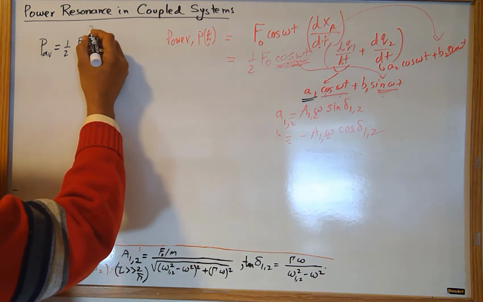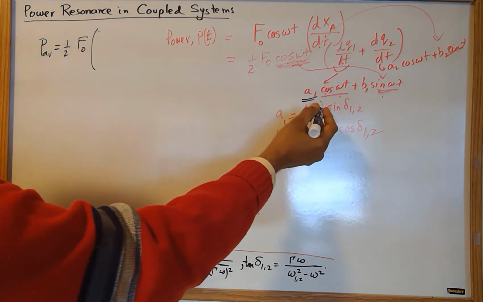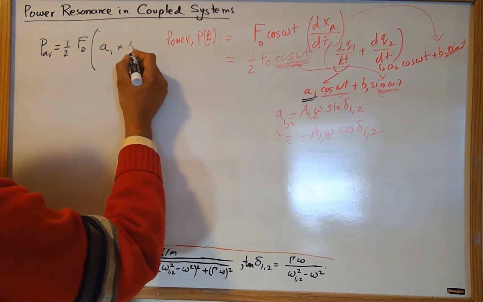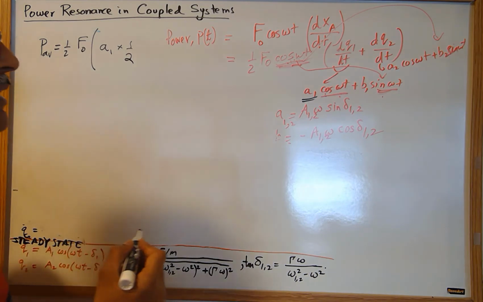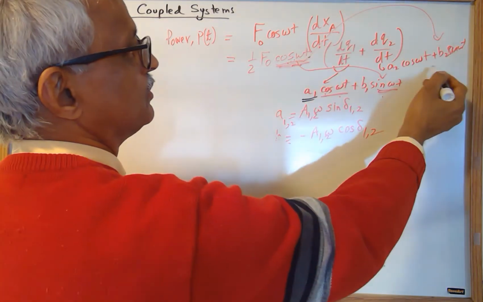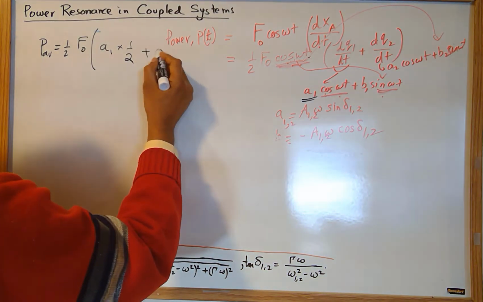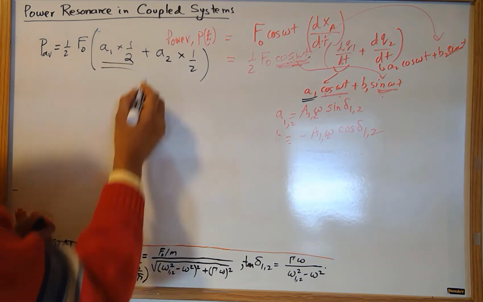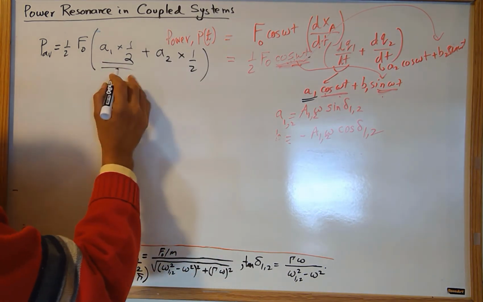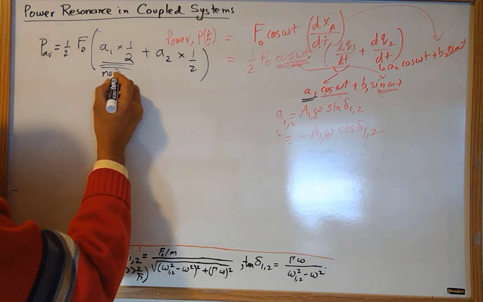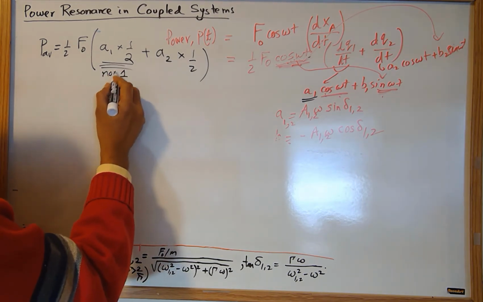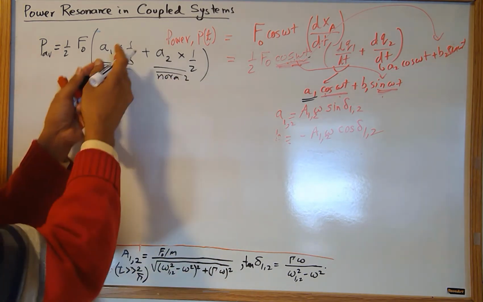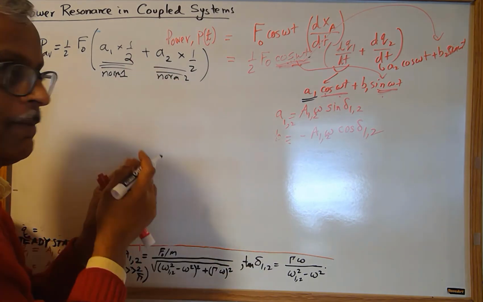So f0 times a1, and cosine with cosine squared gives me half after averaging, and then this one goes to a2 times half. So I got something from normal mode 1, and the other one gives me normal mode 2. So it kind of separates out. There is a power in normal mode 1 and there's a power in normal mode 2.